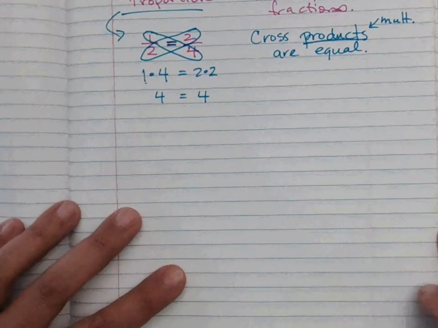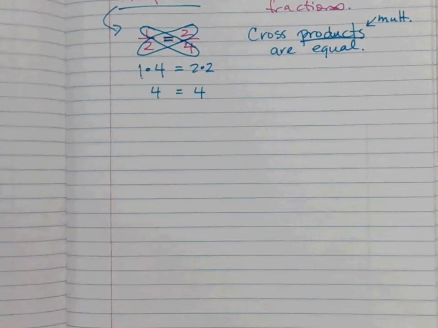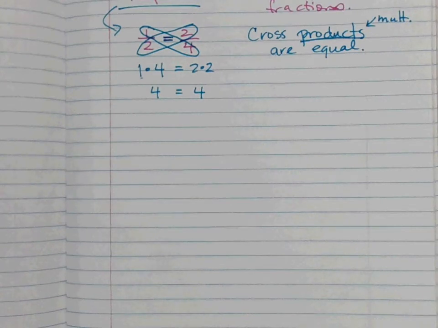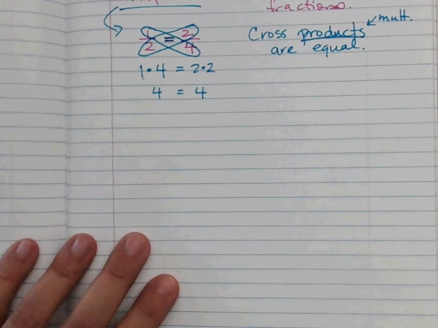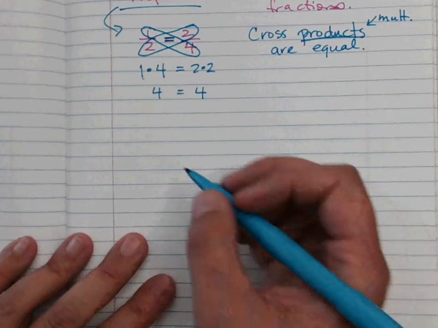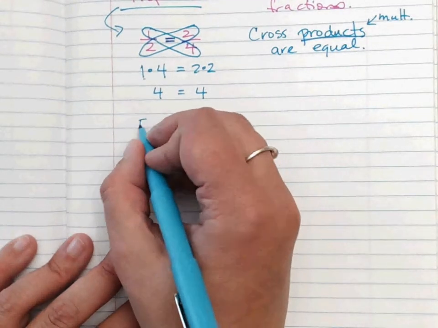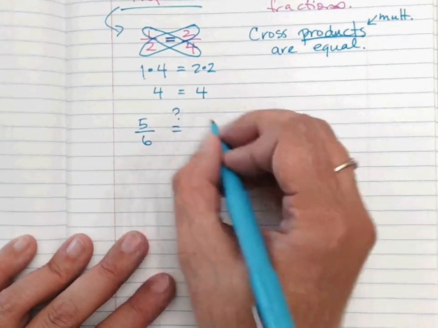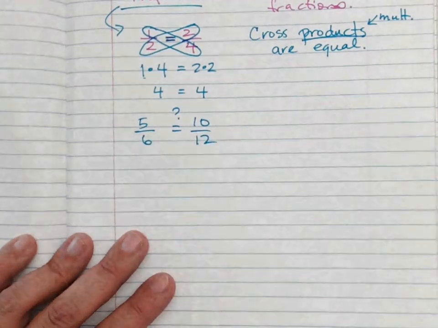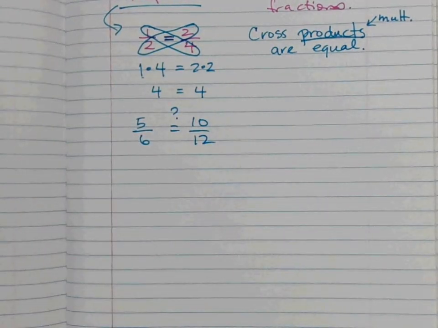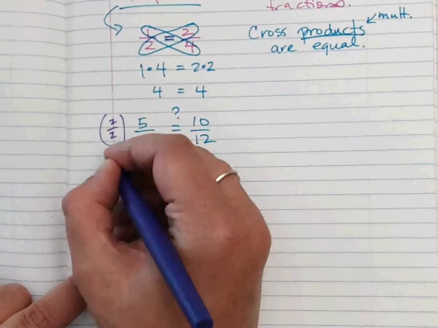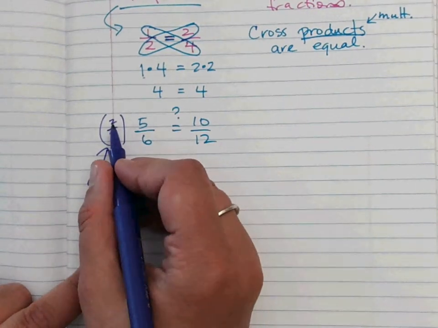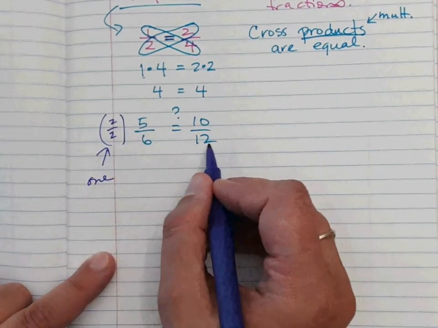But the first thing I'd like us to do is think about, if I wrote that two fractions are equal, how could I decide if that's in fact true? So one question that we answer is to determine if the fractions are proportional. So if I say 5 over 6, is it equal to 10 over 12? Well, you might notice right away that yes, they are equal, because if I were to multiply by 2 over 2, which is the same thing as 1 whole, 5 times 2 is 10, 2 times 6 is 12.